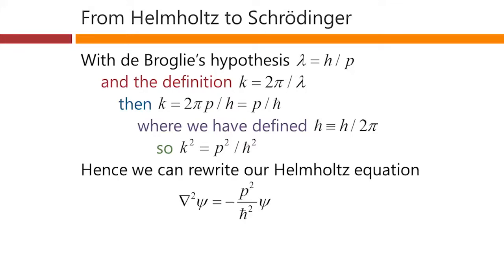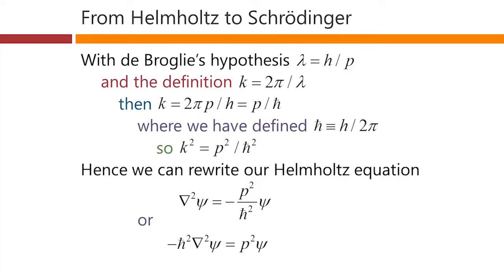Hence, using de Broglie's hypothesis and choosing to write things in terms of k's instead of lambdas, our proposed Helmholtz equation is del squared psi equals minus p squared over h bar squared psi. Or equivalently, we can take the h bar squared and the minus sign over to this side, get minus h bar squared del squared psi equals p squared psi.